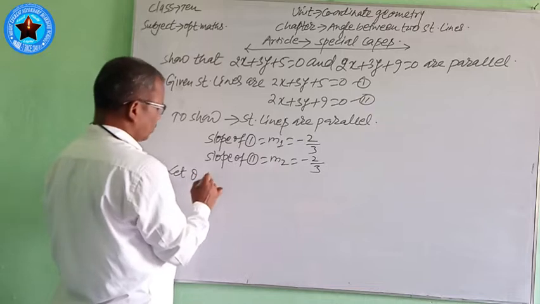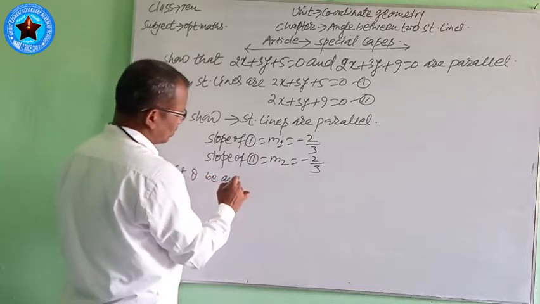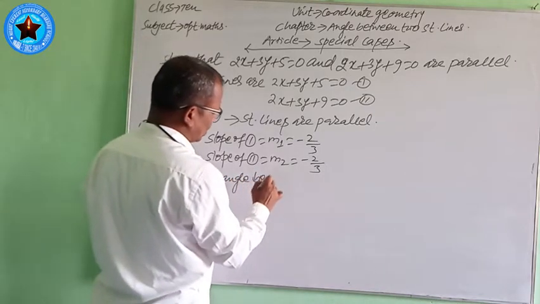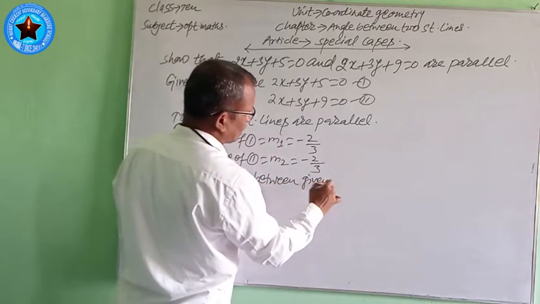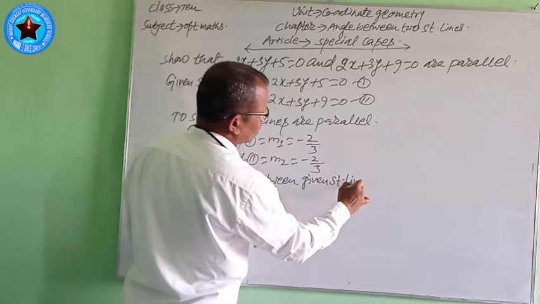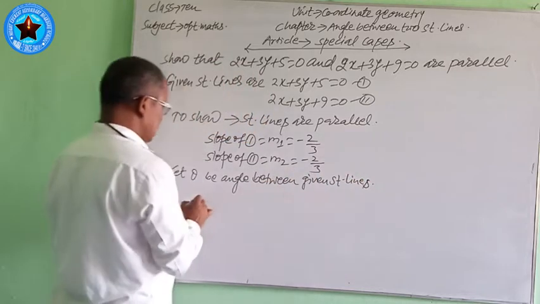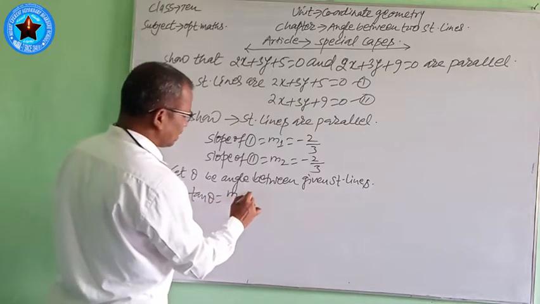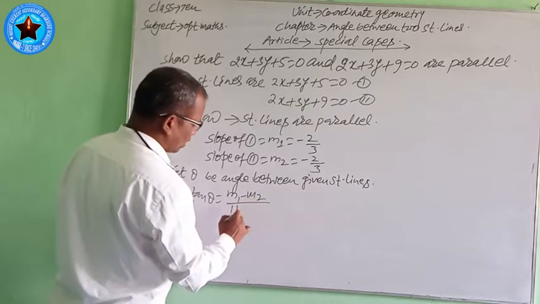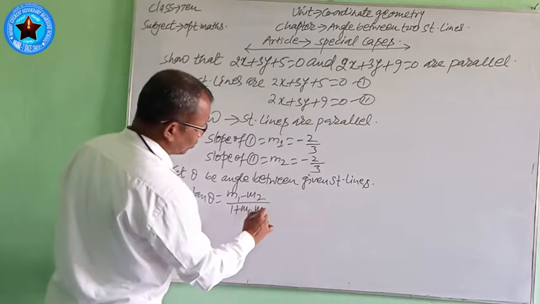Let theta be the angle between the given straight lines. Then we have tan theta equals (m1 minus m2) by (1 plus m1 into m2).